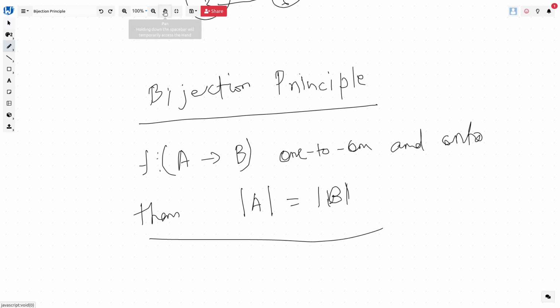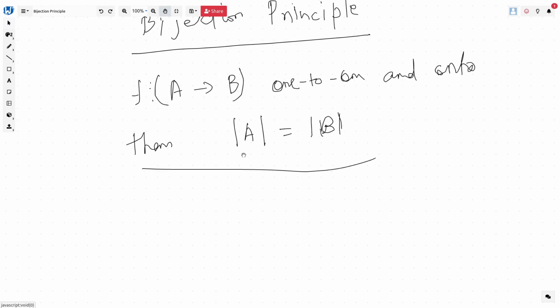There are certain kinds of problems where the counting looks really difficult. If you can draw parallels of a one-to-one and onto relation with a different problem where you can count easily, then you will be able to count the first problem. I'll give you a few examples which will help you understand this bijection principle.